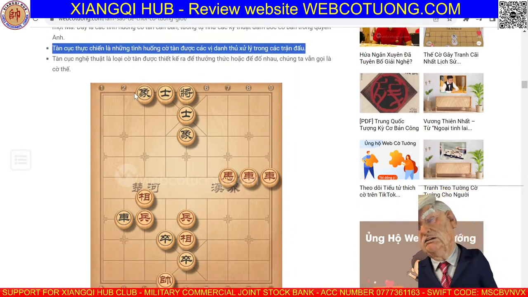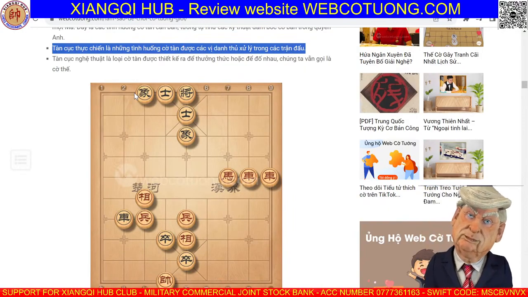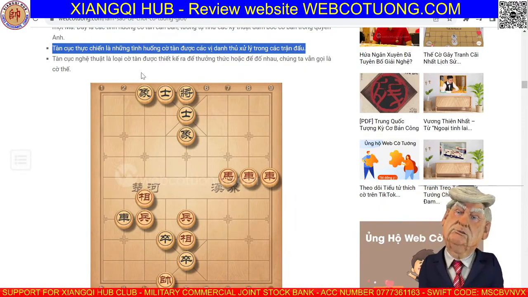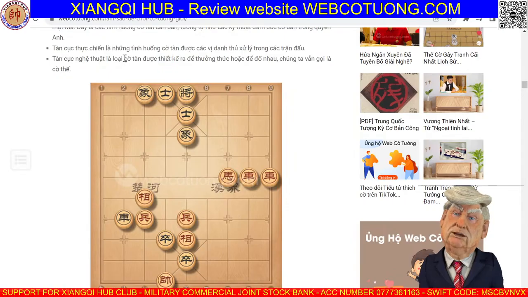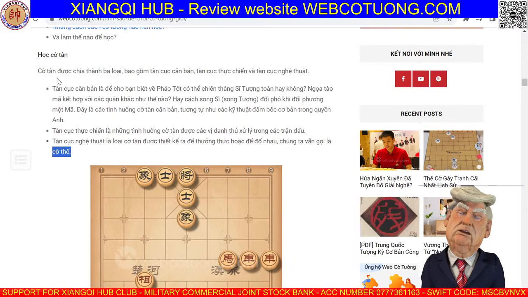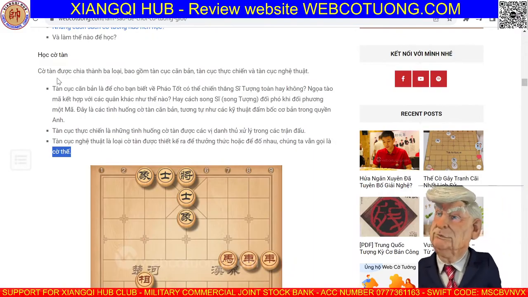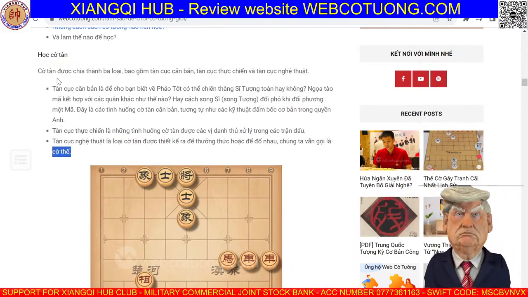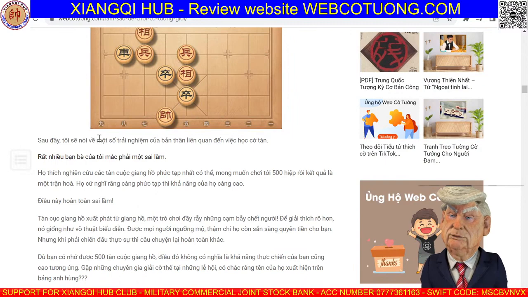Okay, and then the third level of end games is some end games that are designed as a visual, and they call it visual end game. So they have three levels of end game: basic end game, the actual end games, and the arch of end game.